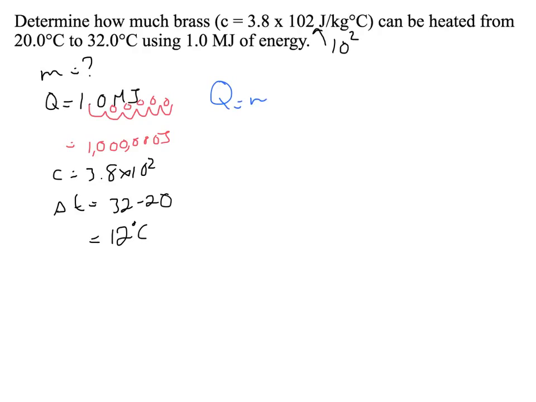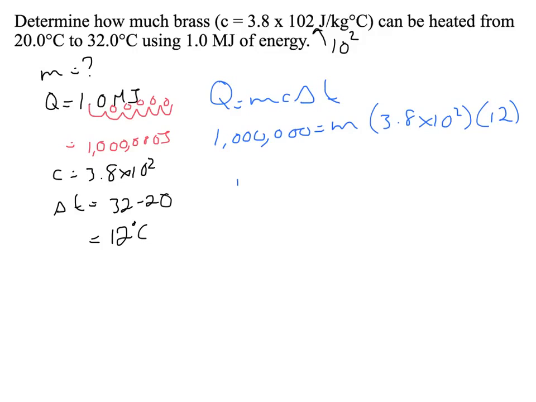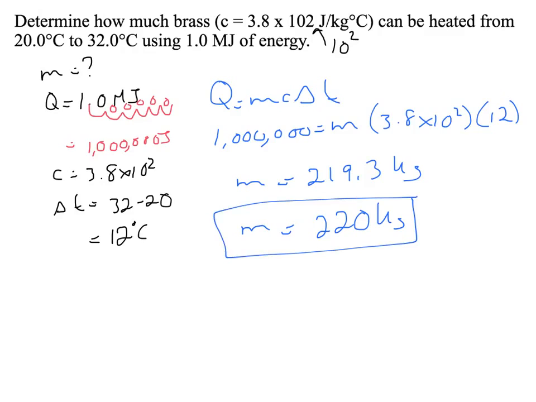Q equals mc delta T, 1,000,000 equals m times 3.8 times 10 to the 2 times 12. You do your rearranging and you get a mass of 219.3 kilograms. We need 2 sig digs, so 220 kilograms.